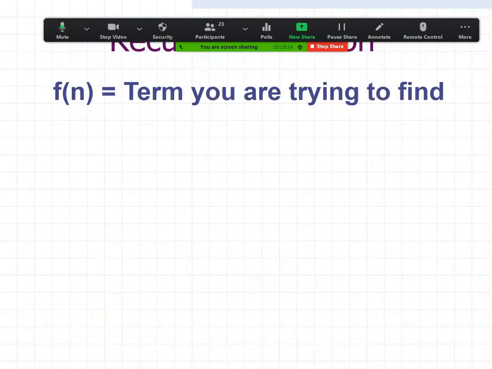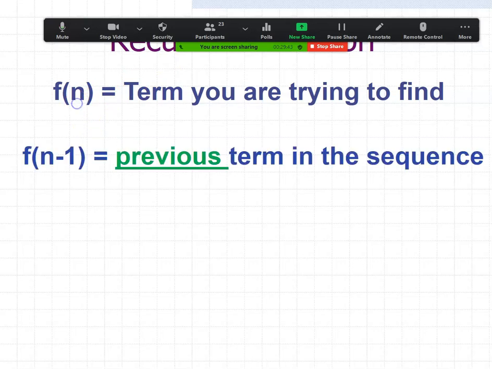This is just a little review, a recap of what I just said. When you are dealing with recursive, f of n is the term you're trying to find. F parentheses n minus 1, or f of n minus 1, means previous term. F of n minus 2, the wording is a little confusing here. But in my example, that was like 9th grade, right?